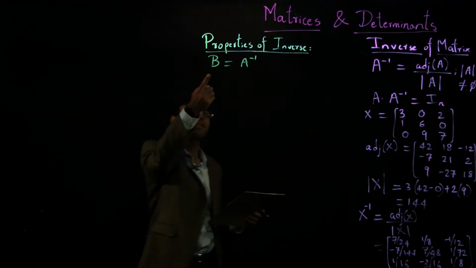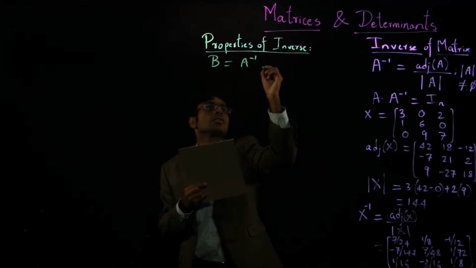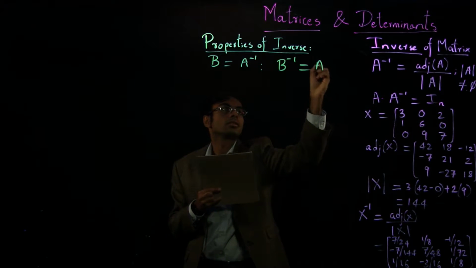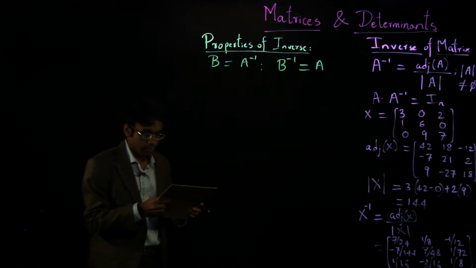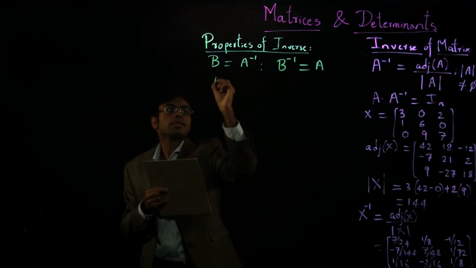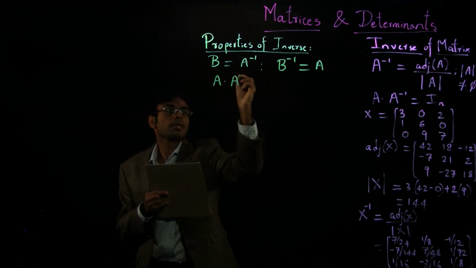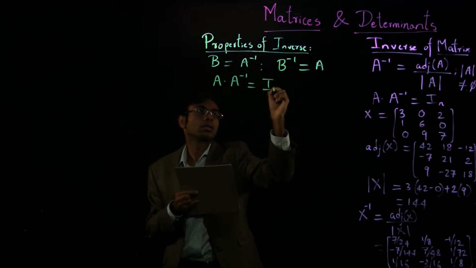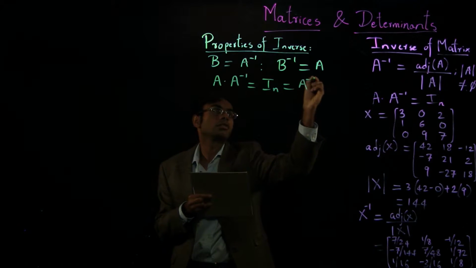Now, does B have an inverse? Well, yes, and the answer is obvious. B inverse turns out to be A again. Then if you multiply a matrix by its inverse, this is by definition the identity matrix, which is also A inverse times A.